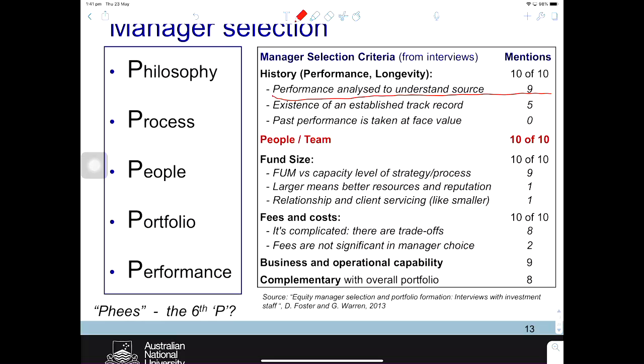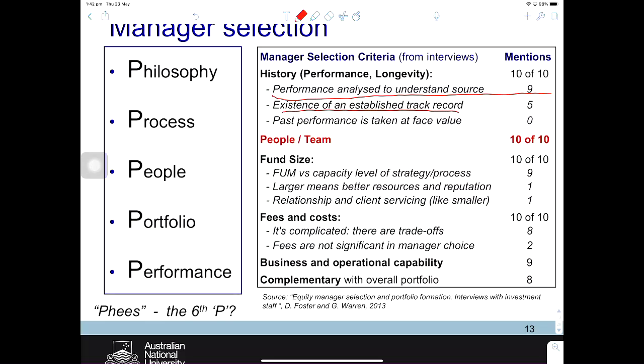But they do analyze the historical performance of these managers and try to understand the sources of it, especially the sources of the active returns, the alpha. And they try to disentangle alpha from the total return and from beta exposure. They try to understand how these managers generate alpha, not actually based on their historical performance. And the existence of an established track record.